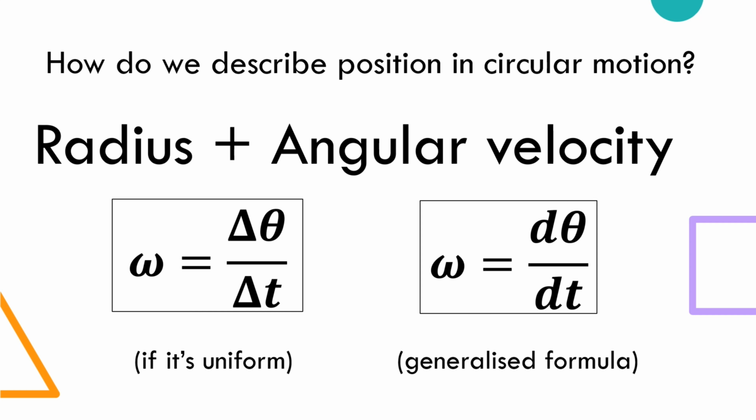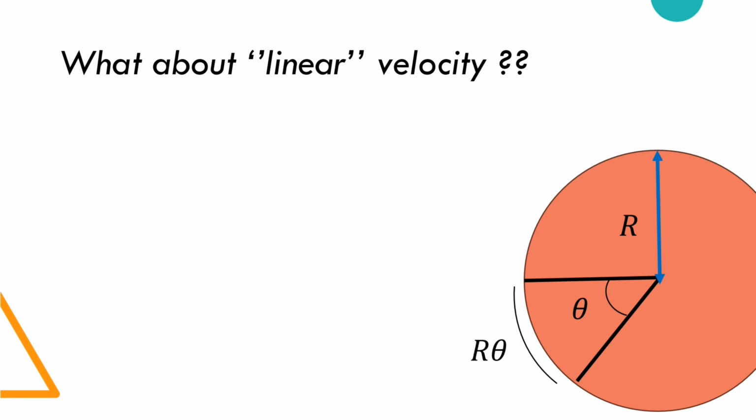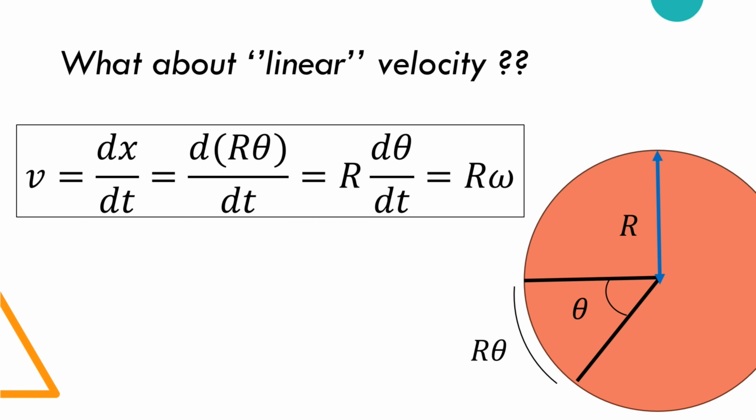Knowing that, can we talk about linear velocity in circular motion? Yes, we can. And there's a formula for that. We know that the velocity v is equal to the derivative of the position, dx over dt. We know that if an angle theta has been traveled, then the part of the circle's circumference that has been traveled is r theta, x equals r theta.